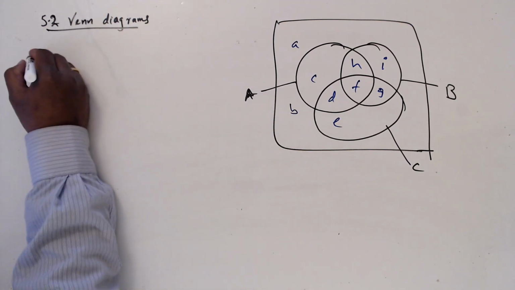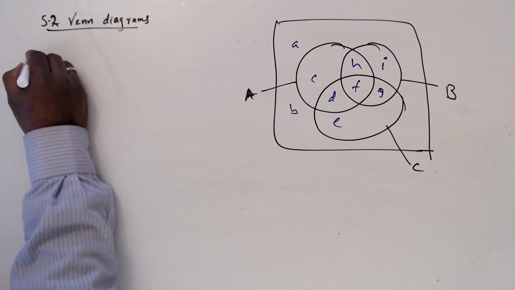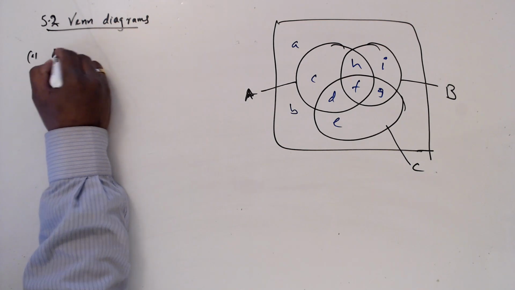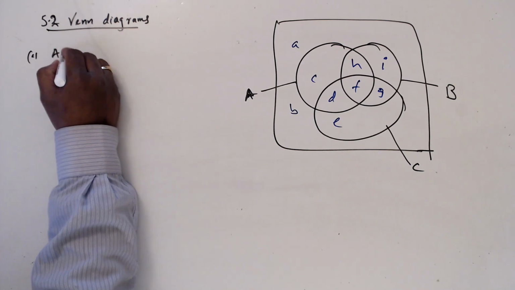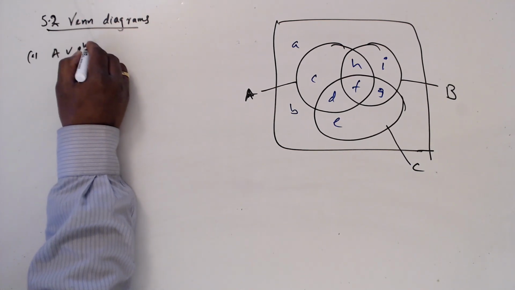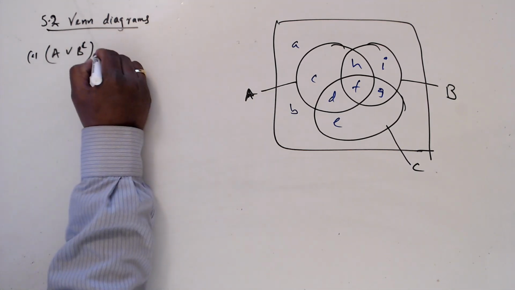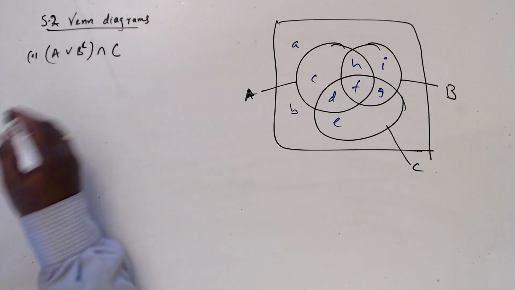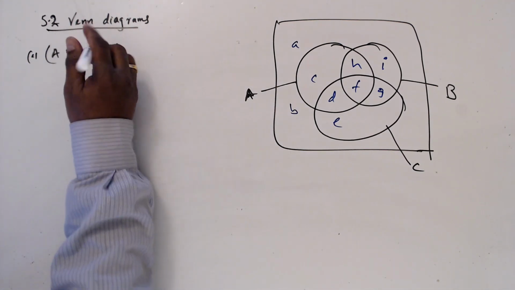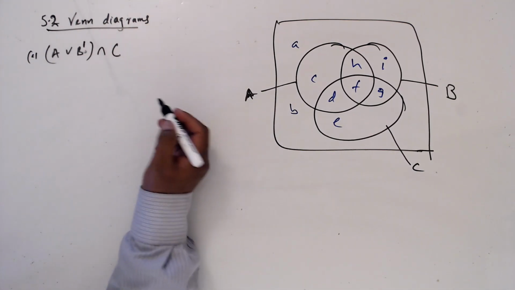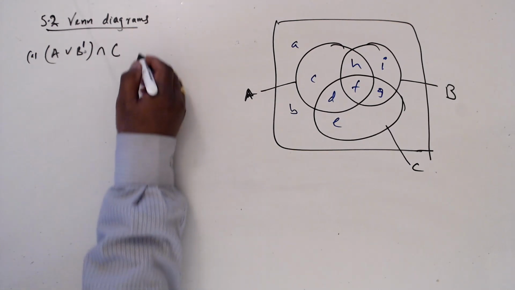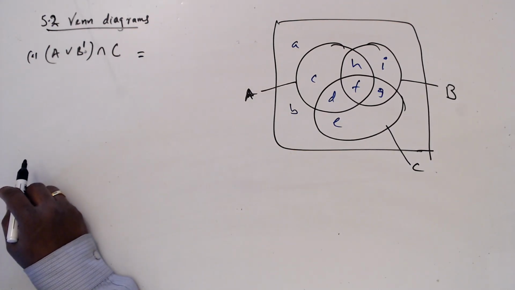And my question is: write the elements of (A union B dash) intersection C. How do you find this?